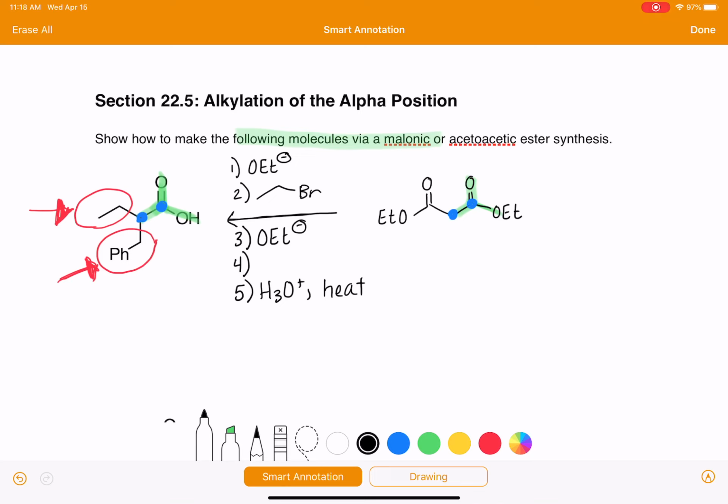And then again, just make sure that you're getting the correct number of carbons in those alkyl halides. So looking at how many carbon atoms you are trying to add, make sure you're not getting too many carbon atoms in the alkyl halides.